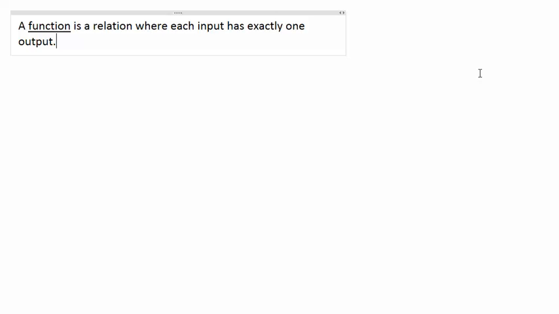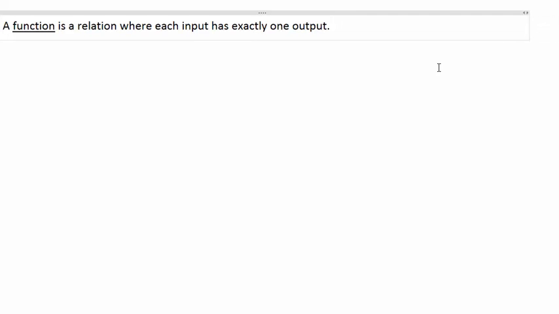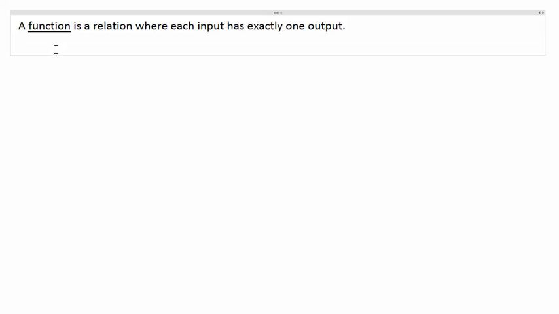So it's a very specific type of relation, and an analogy that I always like to give to help students understand this: a function is like a calculator.